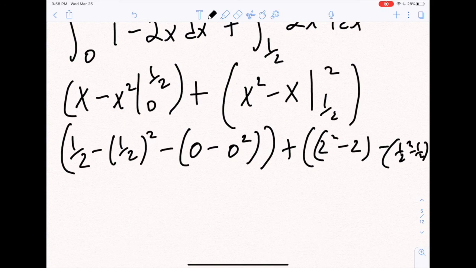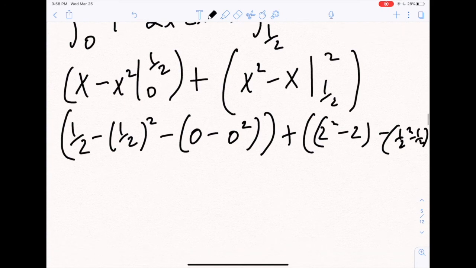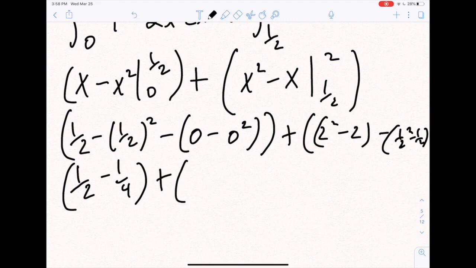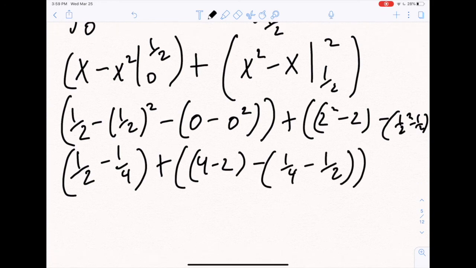So let's go ahead and simplify all this as best we can. We end up with 1/2 minus 1/4 minus zeros, so that's really convenient. We can ignore those. Plus 4 minus 2 minus 1/4 minus 1/2. And so this all simplifies out to be 5/2.